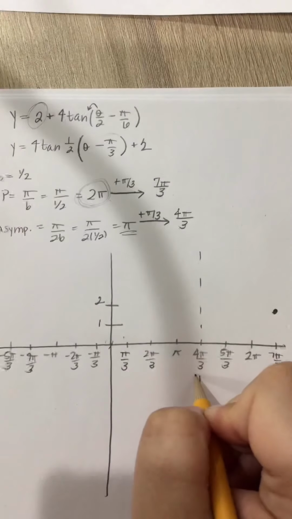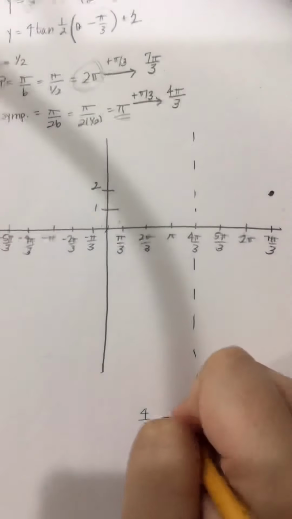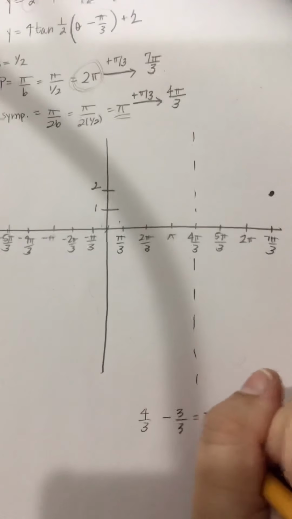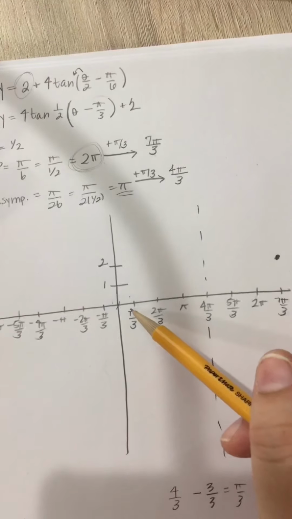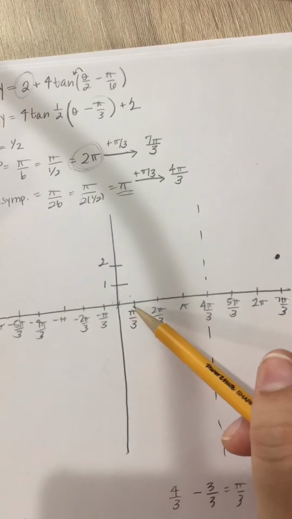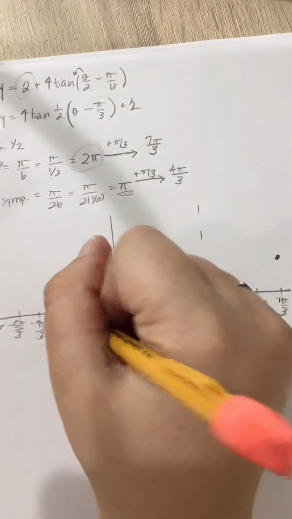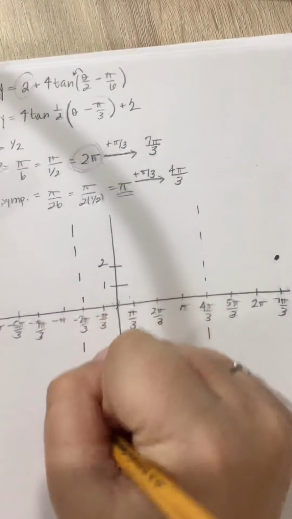So what is 4 over 3 minus 1 pi? That would be 3 over 3. Well, we're at pi over 3, so we're not going to have an asymptote here because it's every other one. So now subtract another pi. Another pi is going to get you negative 5 pi over 3, or sorry, wow, negative 2 pi over 3. Maybe I need to redo my fractions.